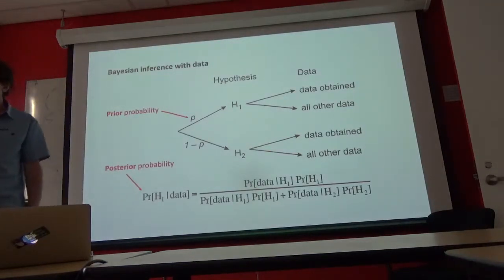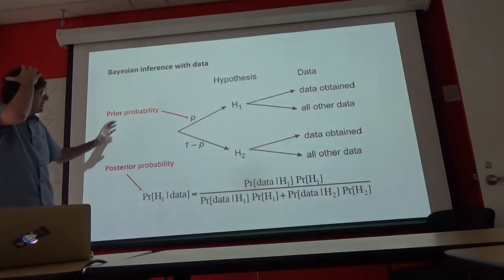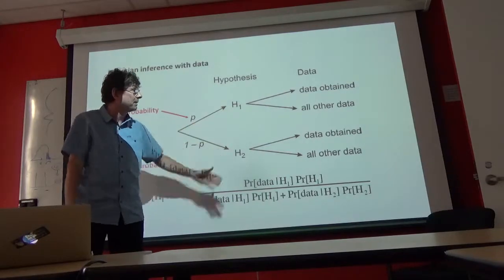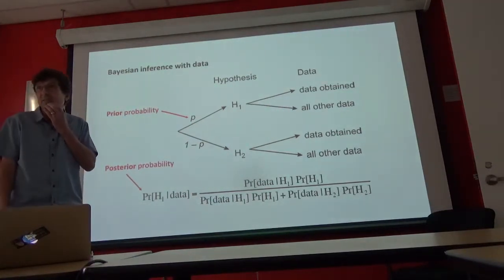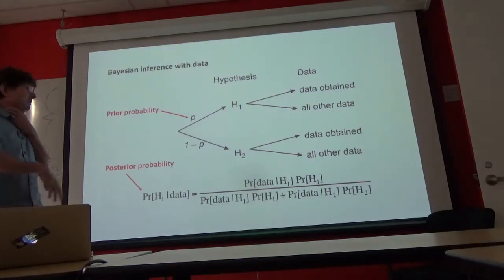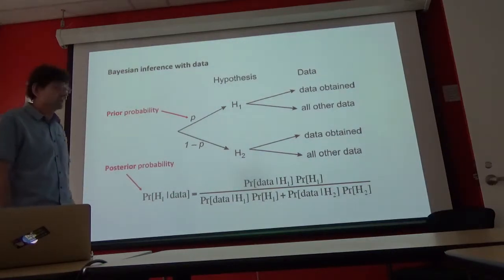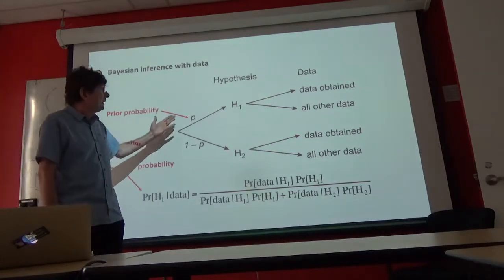Okay, so Bayesian inference with data is the same principle. We have a probability tree and we may have two hypotheses, hypothesis 1 and hypothesis 2. We may have a million hypotheses, but let's keep it simple for now. Because in fact, we might not be testing hypotheses at all, we might be estimating, and so every range of possible values for a parameter would be considered here.